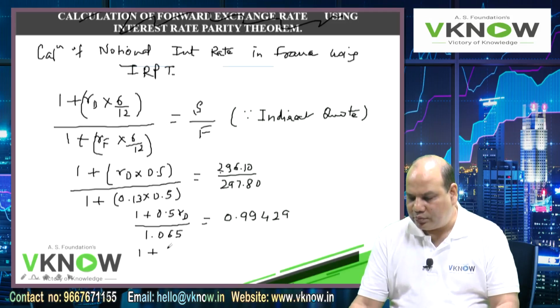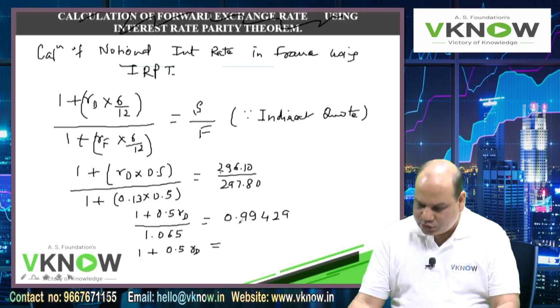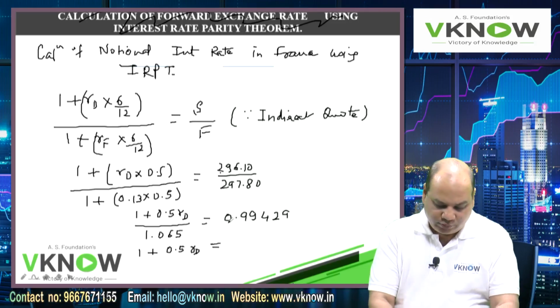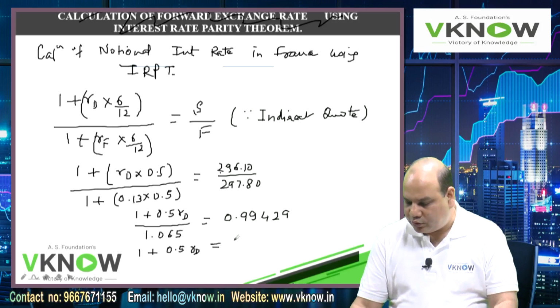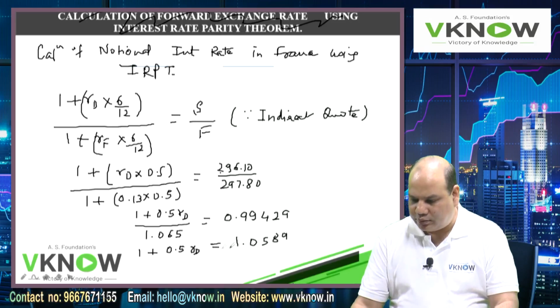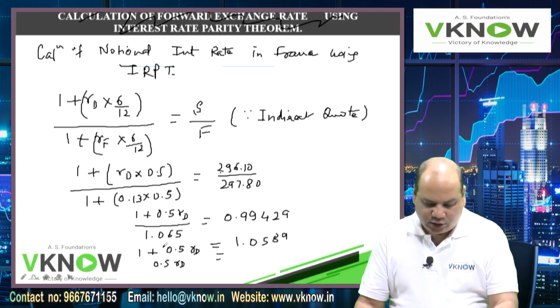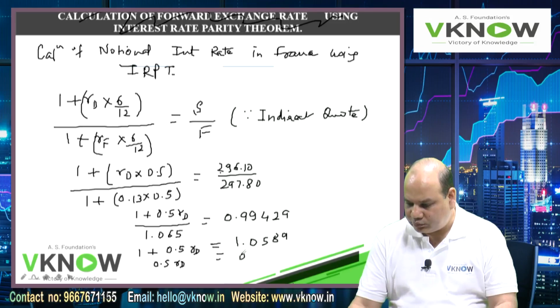So 1 plus 0.5 RD is equal to, just multiply 0.99429 something on your calculator into 1.065, and that comes to 1.0589. So 0.5 RD will become equal to 1.0589 minus 1, so that is 0.0589.